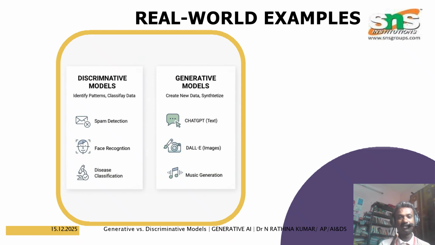The best examples are spam detection, face recognition, and disease classification. Whereas generative models create new data. The best examples are ChatGPT, DALL-E, and music generation. These are the real world examples we are using.